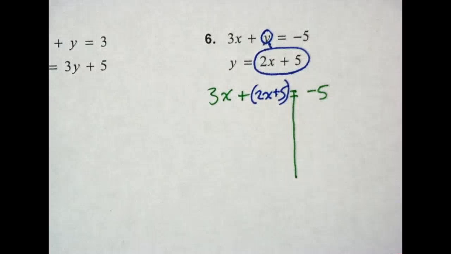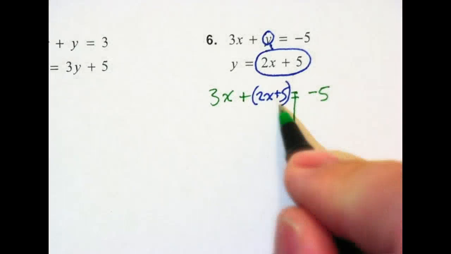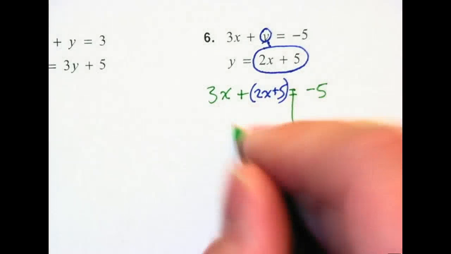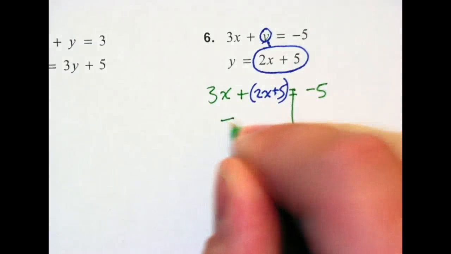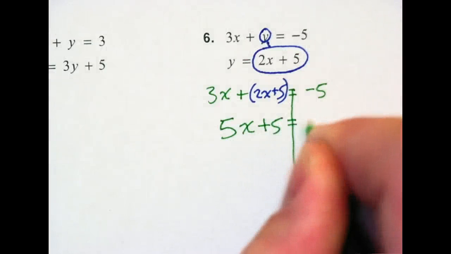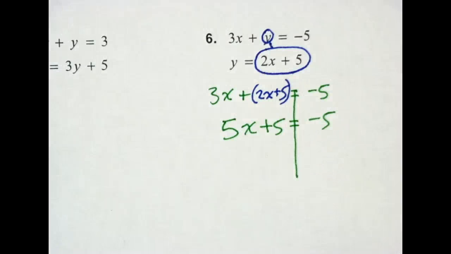There's nothing I bring in. Okay, I'm not distributing anything into the parentheses. Hey, how many got it that far? Okay, so how many x's on this side? 5. 5x's plus 5 equals negative 5. What's 5x equal? What do I do next?